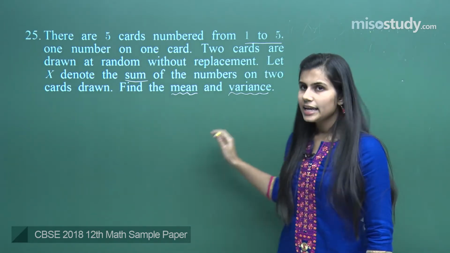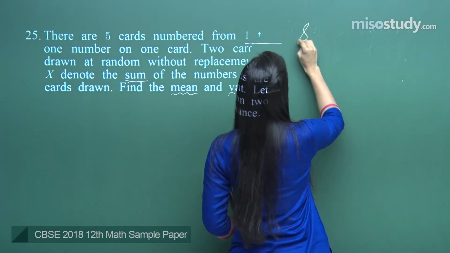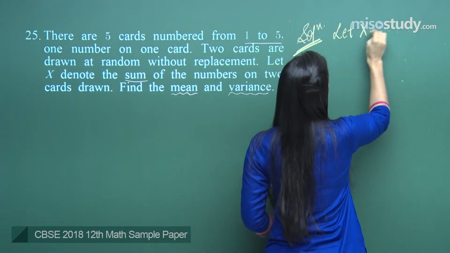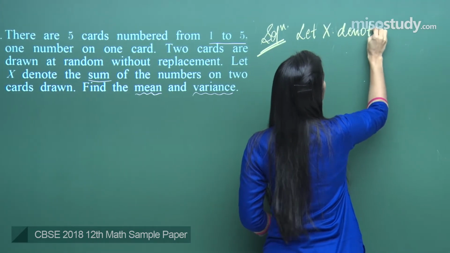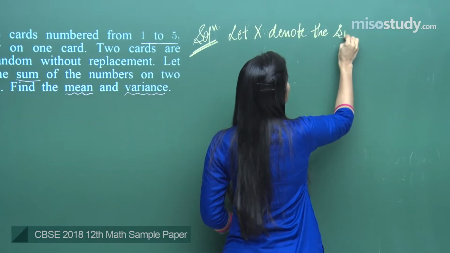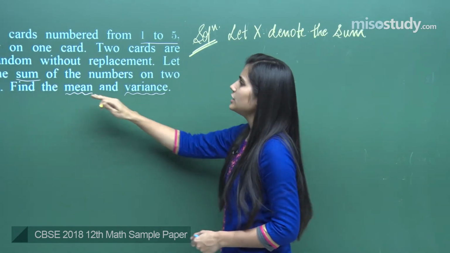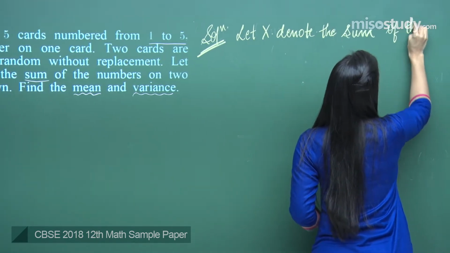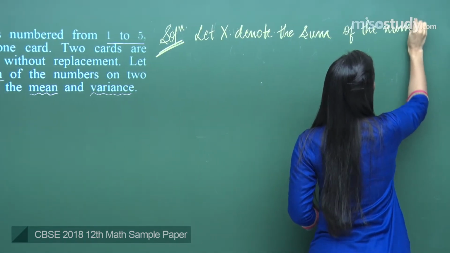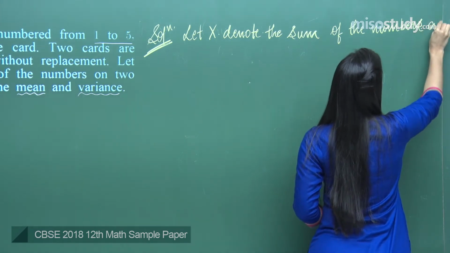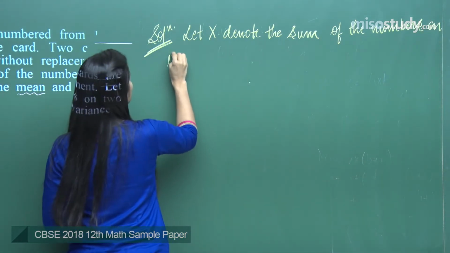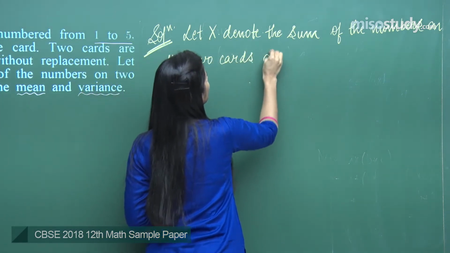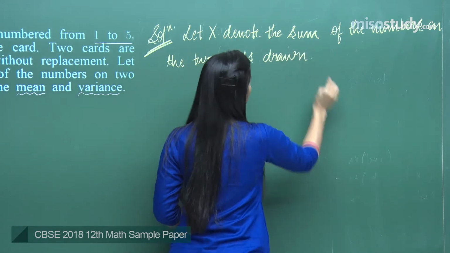So if I should start my solution, I'll say let X denote the sum of the numbers on the 2 cards drawn. Okay, fine.